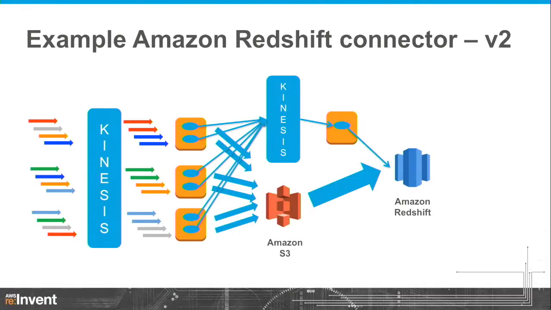What you can do is actually have a two-stage system where we add another Kinesis stream and another processing stage in order to get an upload across all of your shards. The way that would work is the first processing stage still writes these S3 files, but instead of calling Redshift and saying upload that file, it puts the name of the S3 object into a second Kinesis stream.